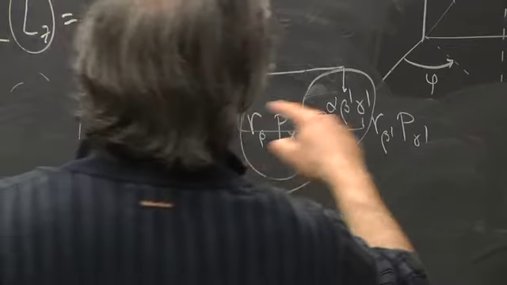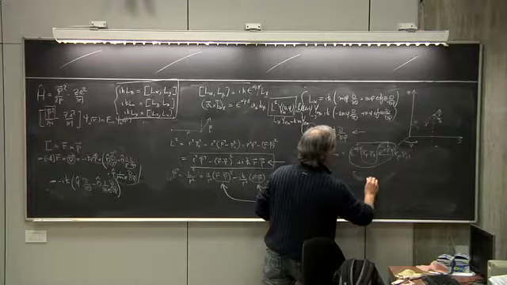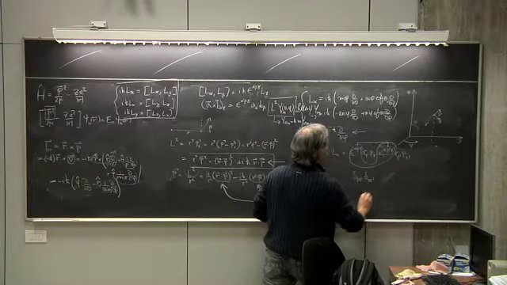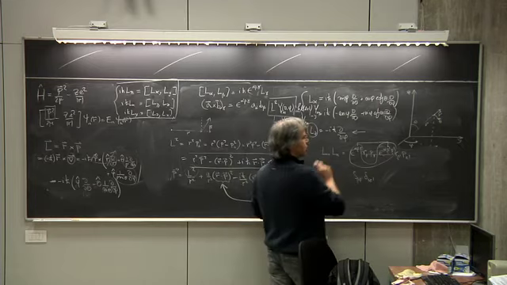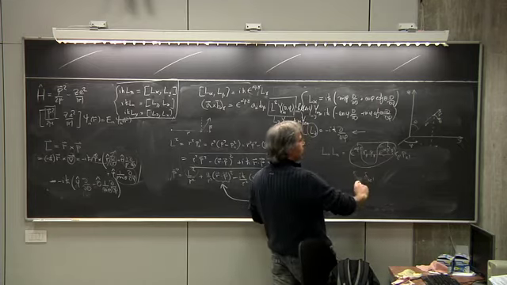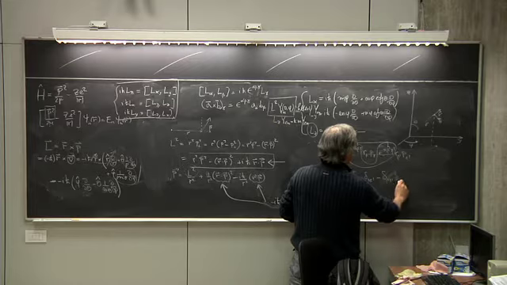So this is one possibility, and it's a delta of beta, beta prime, and delta of gamma, gamma prime. The other possibility is just the exchange of one. But since there is an exchange, there is a minus. So delta beta gamma prime, delta gamma beta prime.